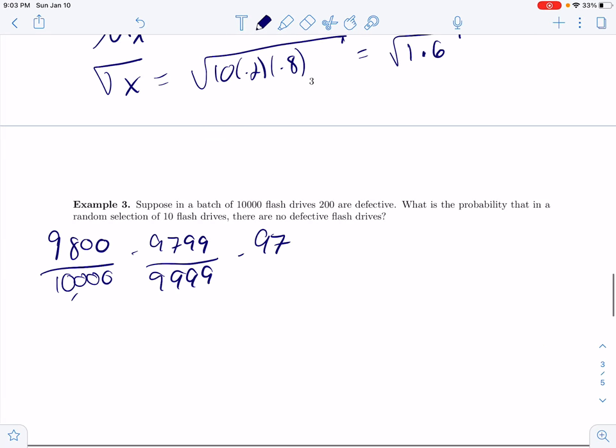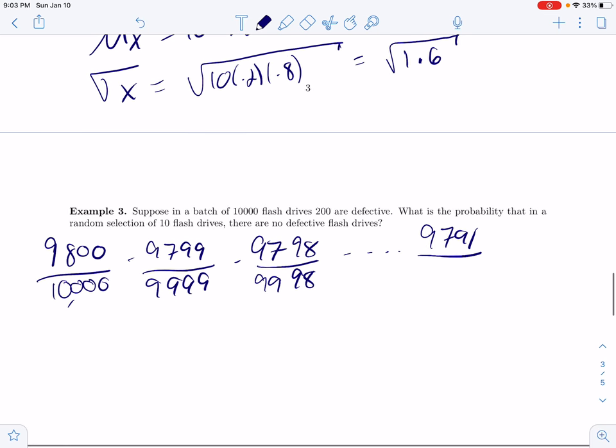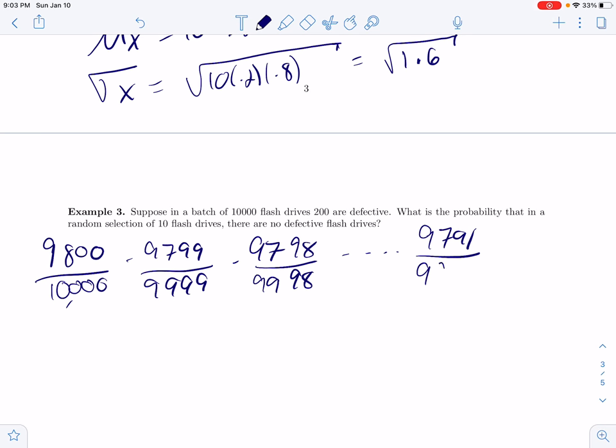Yeah, we're okay. 9,798 over 9,998. We have to do this 10 times. So this would be 9,791 out of 9,991. So that is the exact probability that there are no defective flash drives, because each time I select one, I take it out of the pile.